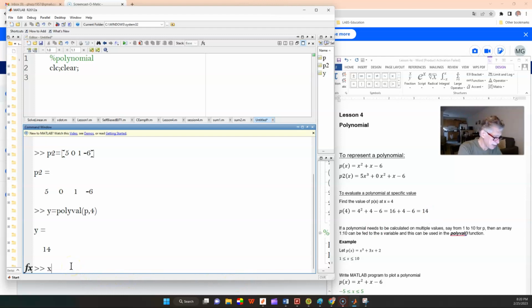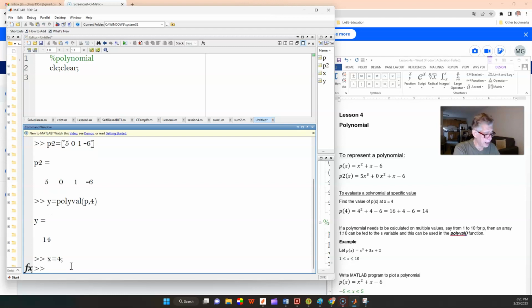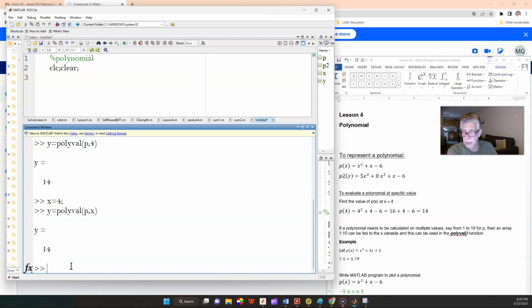Sometimes you can write x equals 4. You define x, and now you want to find y, which is the value of the polynomial. Say polyval, the polynomial is p and x, because x is already defined equal to 4. So it will replace x by 4, and you get the same number. That's the way you do it. If you have the number, you can plug it in after you write p, or if x is already defined, you can write x and MATLAB will understand x is equal to 4.